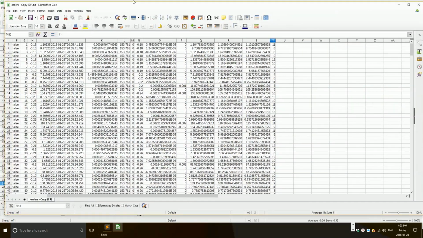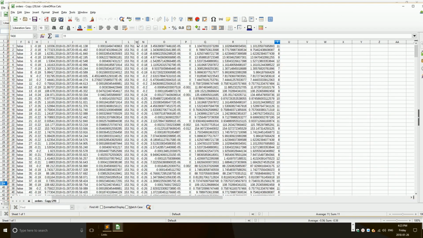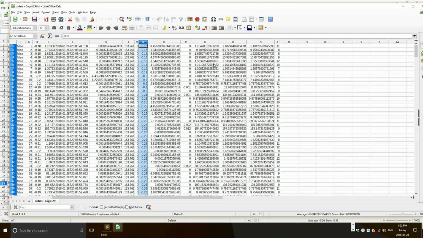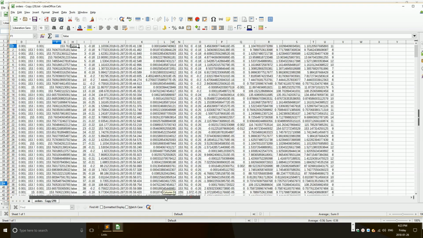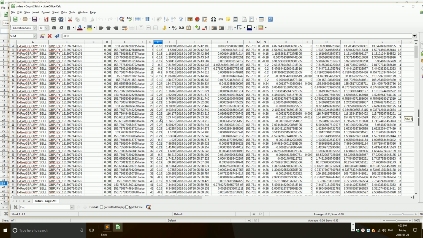So I'm not sure this is rocket science for anybody out there. I don't think it would be, but again, here we got a short right here, and it opened up at negative 18. It bounced around.